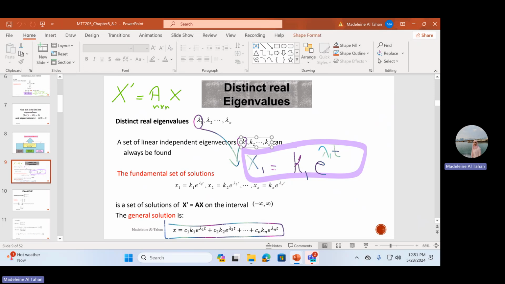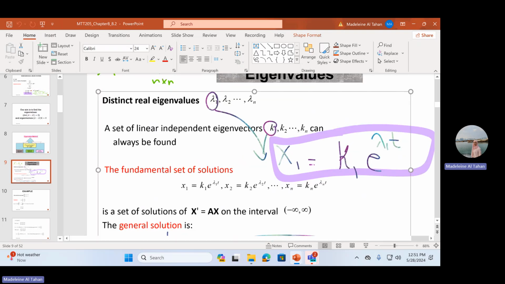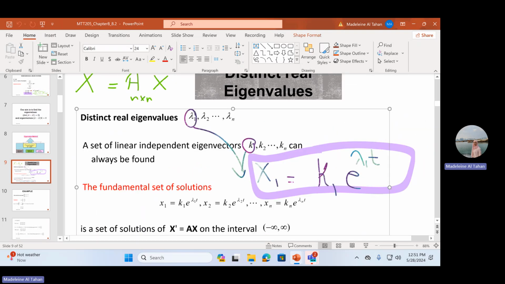For example, lambda 1 will have its eigenvector k1, lambda 2 has k2, lambda 3 has k3. So if these eigenvalues are distinct, we will get n independent eigenvectors. Each eigenvector combined with its eigenvalue gives a solution, k e to the lambda t.